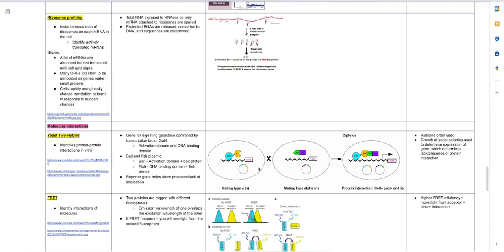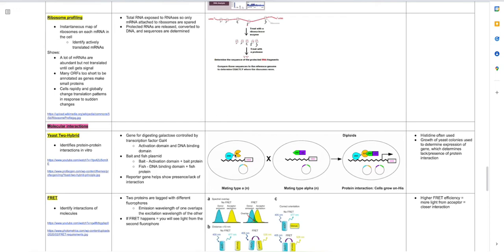And your fish is the DNA binding domain plus a fish protein. The reason it's a bait and fish plasmid is because you genetically edit a plasmid, so you insert the fish protein after the DNA binding domain, and you insert the bait protein next to the activation domain. So you have these two, and they're attached to each other now.